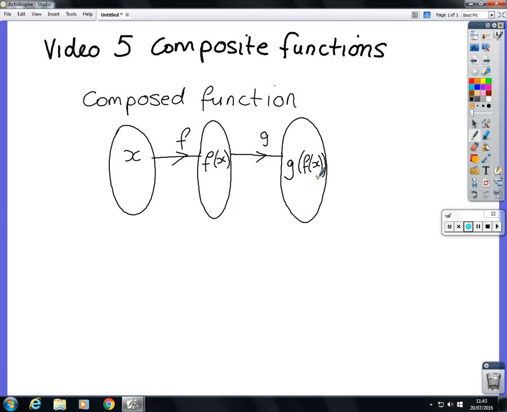So it means you've taken one set of numbers x and applied two functions. So instead of taking the input, two operations on the original number. One function, then another.